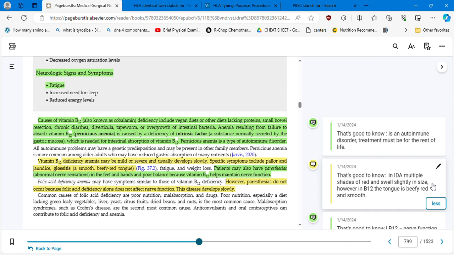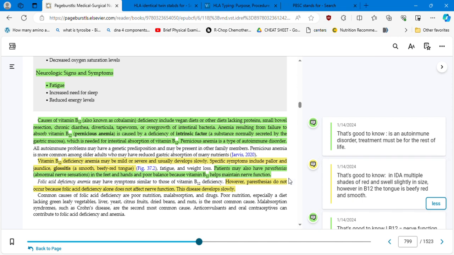That's the difference between iron deficiency anemia and B12. In iron deficiency you are going to see in the tongue multiple shades of red and slight swelling. However, in B12, the tongue is going to be beefy red and smooth. Make that difference. Don't get confused when you're assessing the mouth and the tongue of a patient: if you see shades of red, then that is iron deficiency anemia. When it's a smooth beefy red, it is B12.